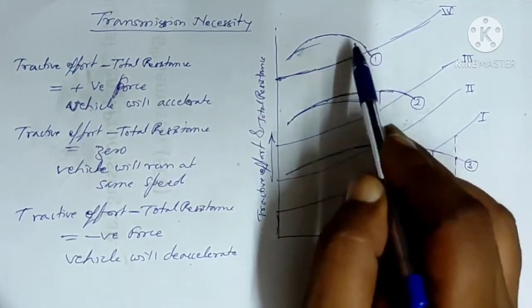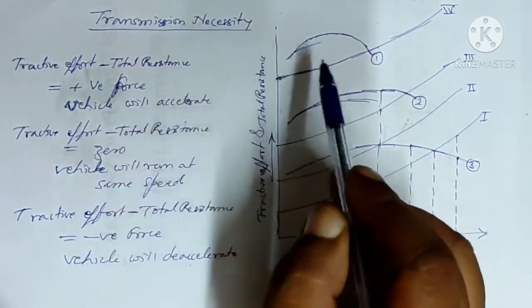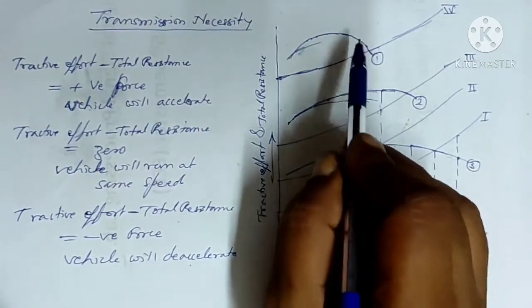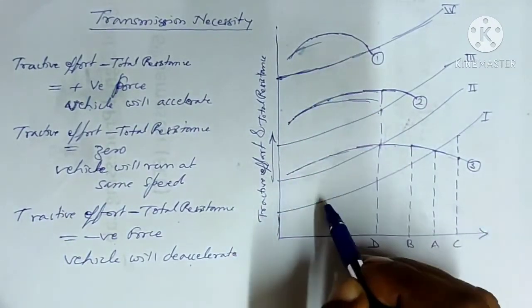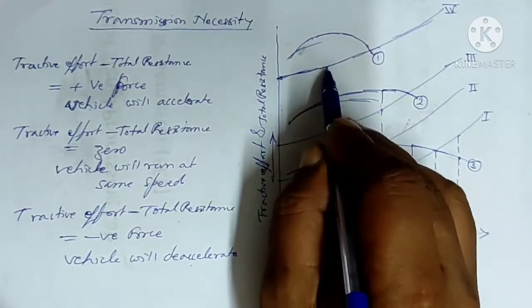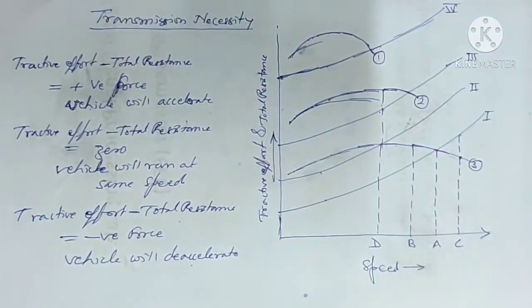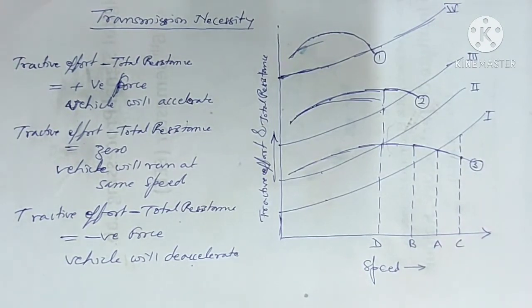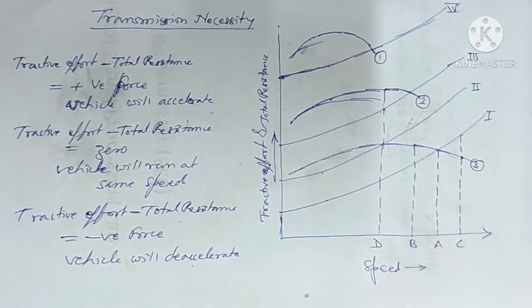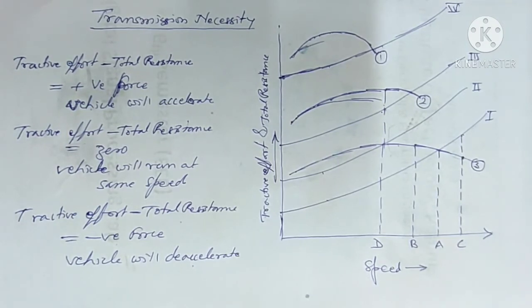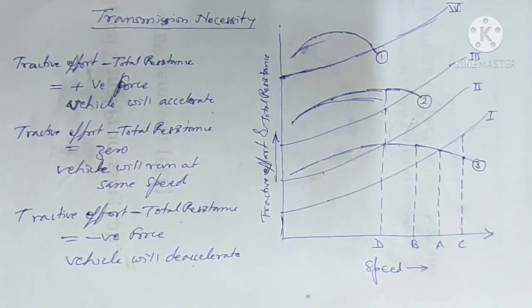That way the transmission necessity says that we need different gears, because depending upon the resistance we need the tractive effort, and the tractive effort we can change only by changing the gear, because the engine is not producing that much tractive effort at that velocity. So we have to reduce the speed so that it matches the required tractive effort.